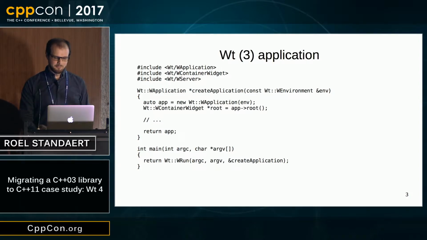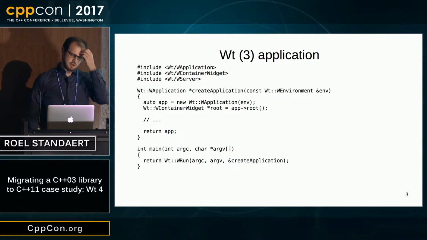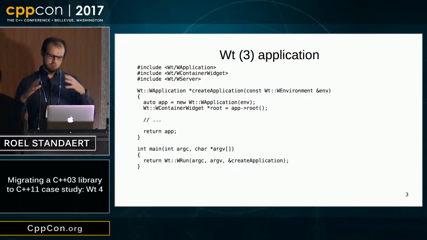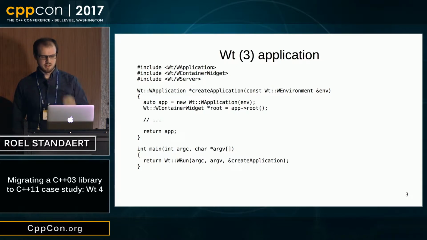And then you get the root of this application, because in Witty, everything is organized in this widget tree. So you start from the root and you add everything to this root widget. That's where you would add a whole bunch of stuff to this root widget and connect your signals and slots, and then eventually you return this application to Witty, and Witty will take it from there.